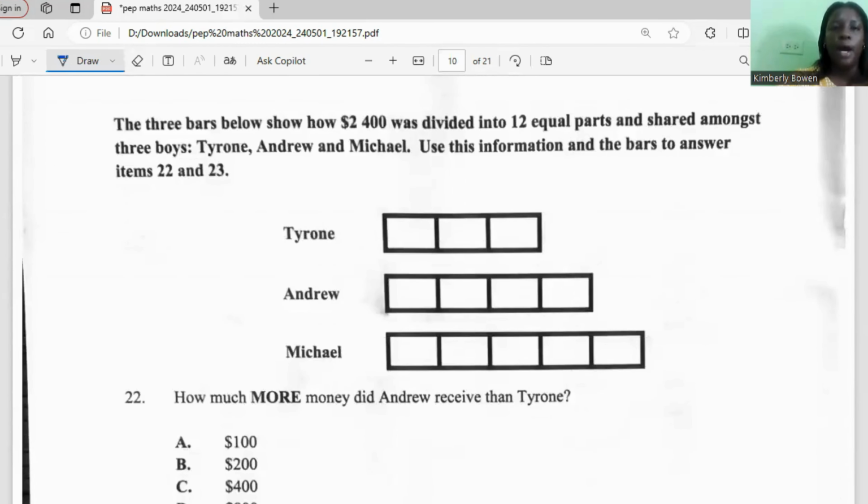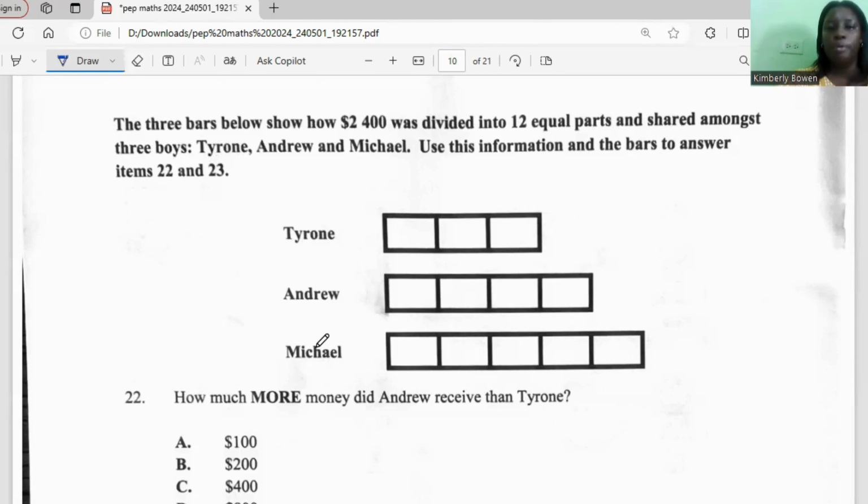The 3 bars below show how 2,400 was divided into 12 equal parts and shared among 3 boys, Tyrone, Andrew, and Michael. Use the information and the bars to answer items 22 and 23.